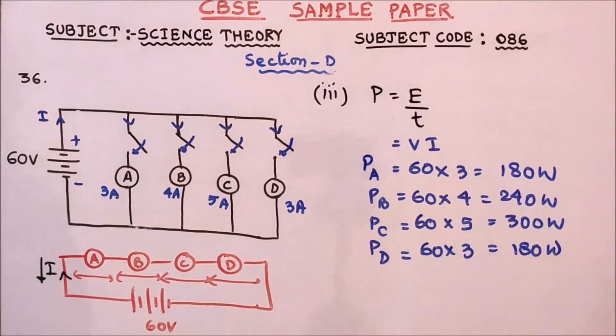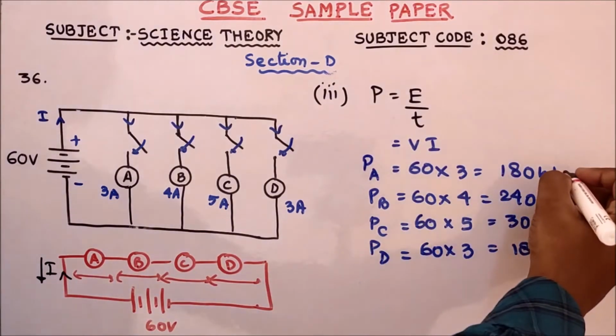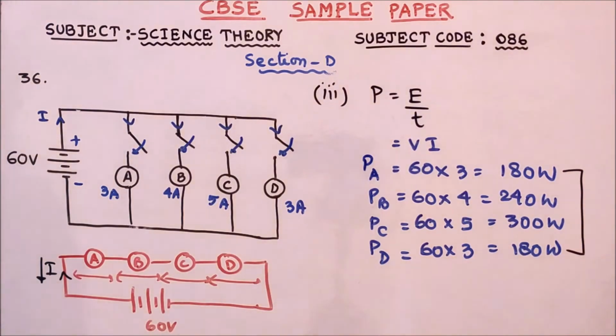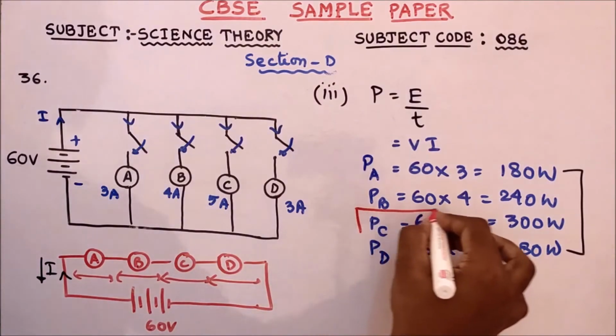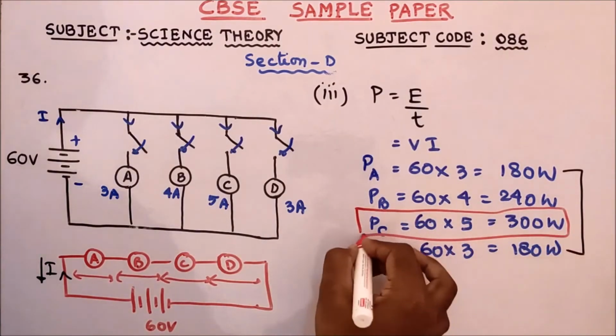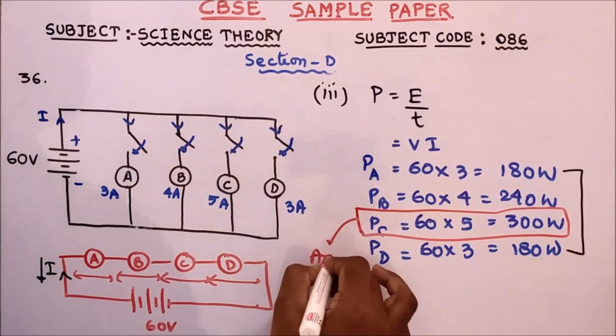Now you see here, lamp A and lamp D have the same values, and hence they will glow equally. The one with the maximum power delivery, that is 300 watt, is the answer.